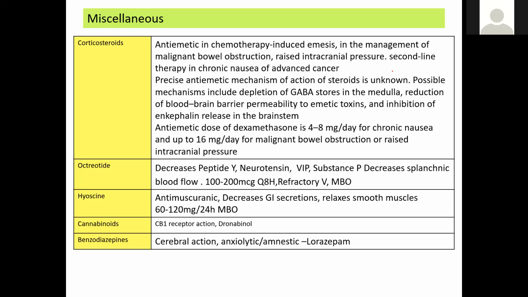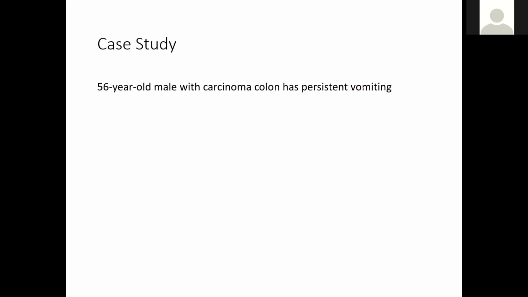So next we will go through a few patient scenarios so that we will be able to understand how to deal with each scenario. This will be a story about a 56-year-old male with carcinoma colon, and he is vomiting continuously.